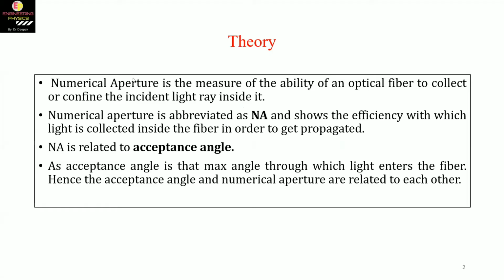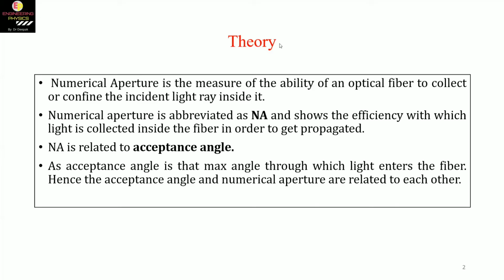What is the numerical aperture? Numerical aperture is the measure of the ability of an optical fiber to collect or confine the incident light ray inside it. It is abbreviated as NA and shows the efficiency with which light is collected inside the fiber in order to get propagated.